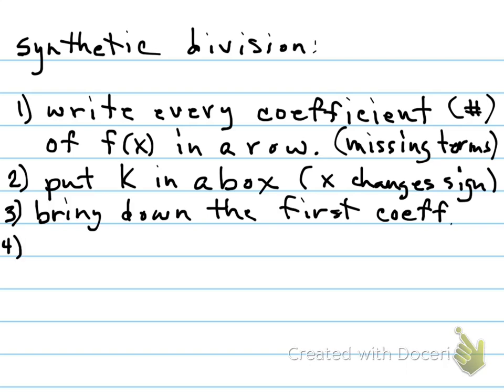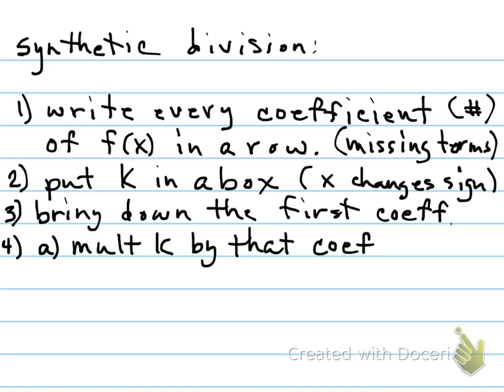Step 4. Now step 4 has several parts. They're easy. Multiply k by that coefficient. What coefficient? The one I just brought down, yeah. Okay?